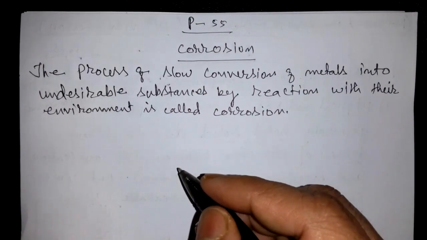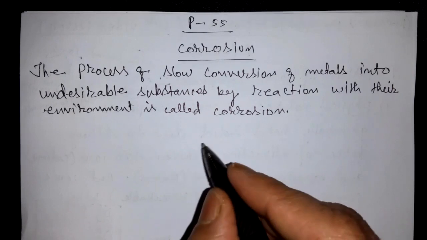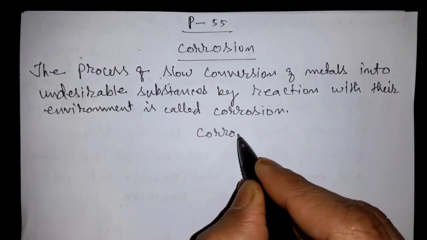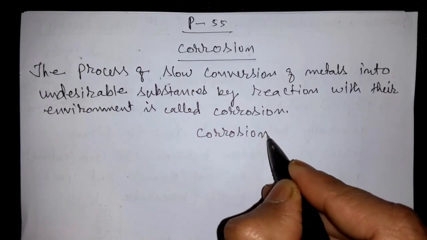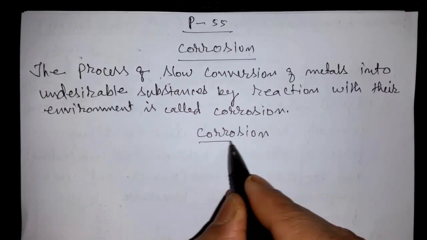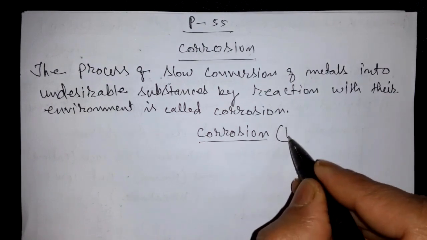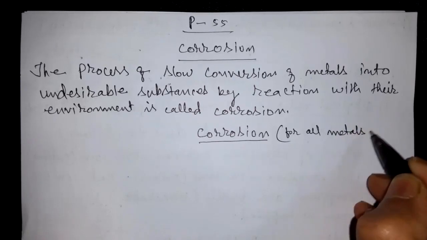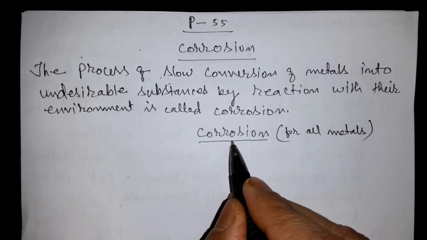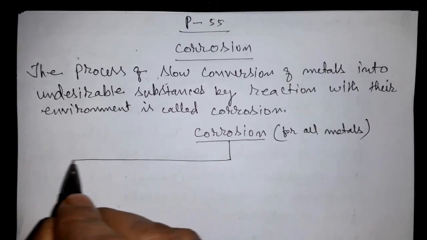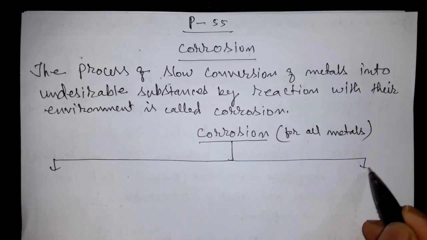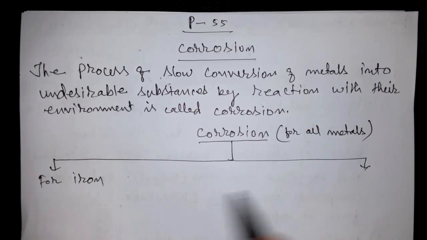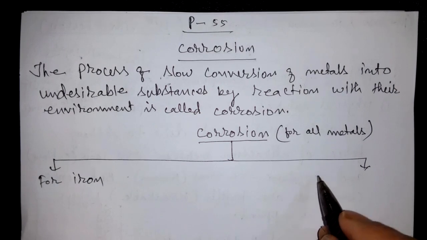Okay. Now, corrosion and rusting, if you want to compare, then let us see corrosion in this manner. The term corrosion is used for all metals, it can be used for any metal. So let us classify corrosion into two categories: for iron and for metal other than iron.